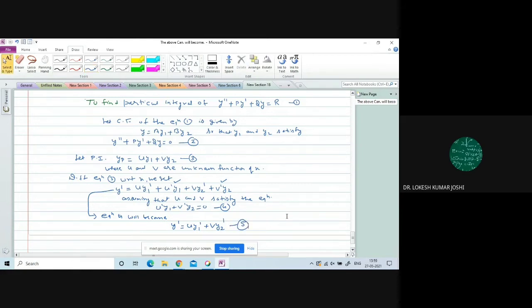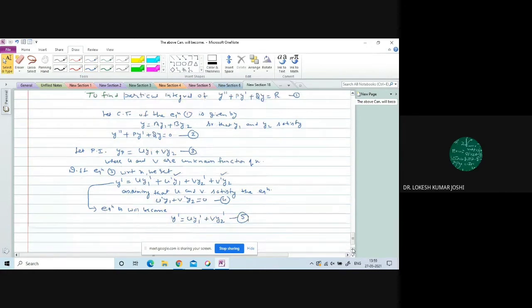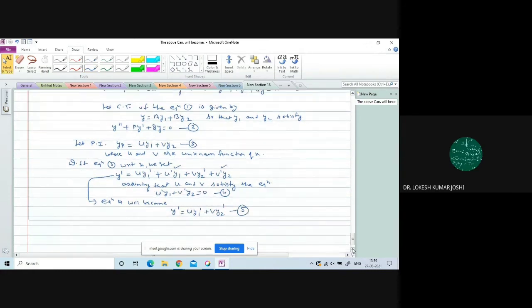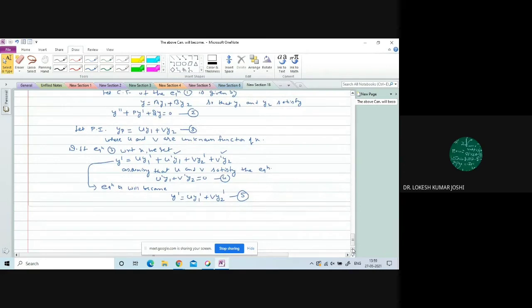Now differentiate equation 5 once again with respect to x.